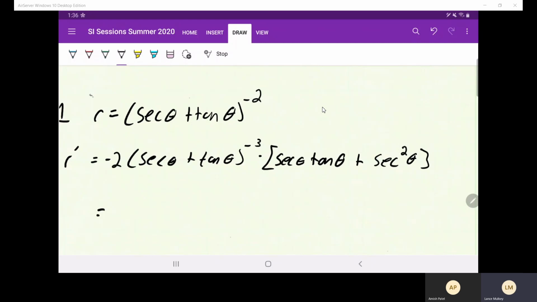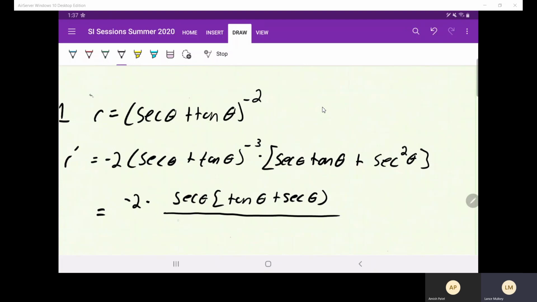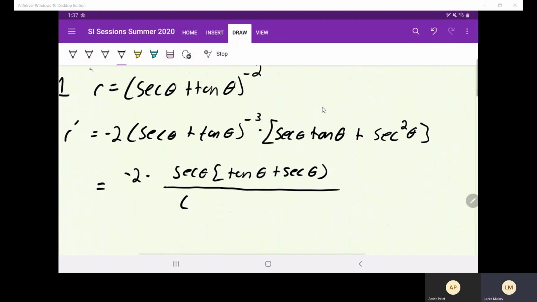we're going to write this like this: -2 times, you can pull out a secant from here, secant theta times (tangent theta plus secant theta), all over, since this is negative, you can put it on the bottom. All right.